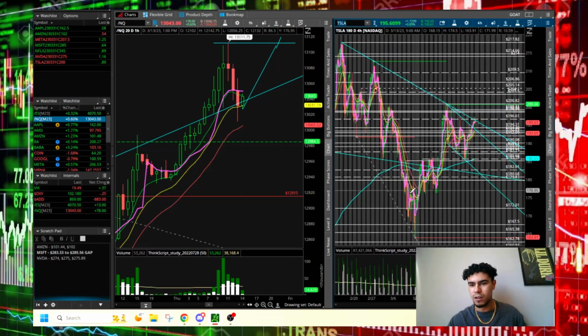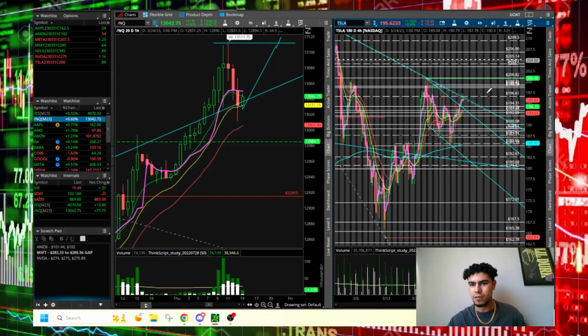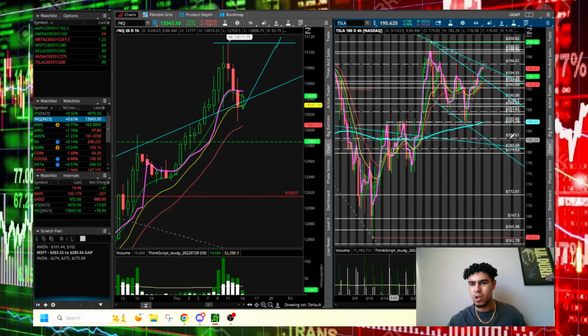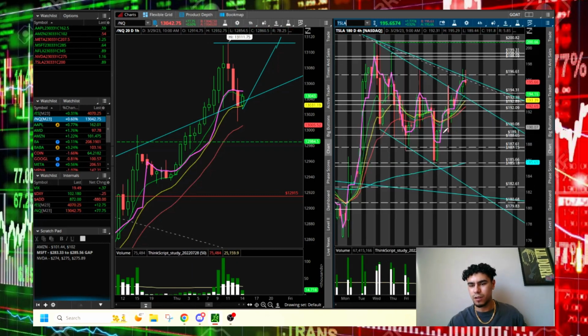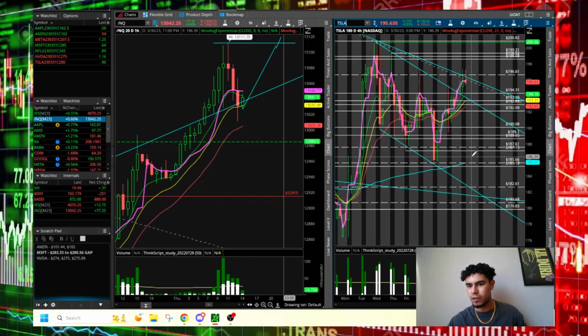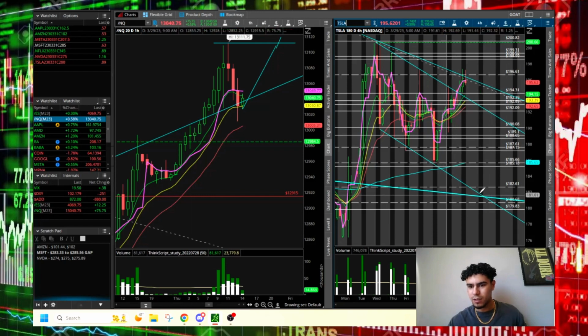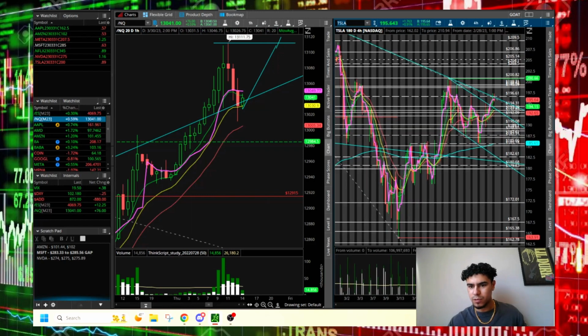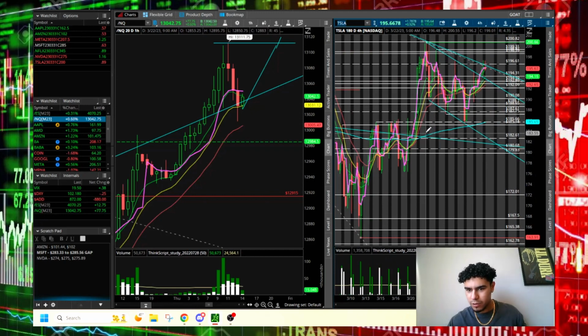So like I have a lot of lines here, but I understand generally what most of these are. Let's say Elon Musk gets arrested overnight and then we open around here. You can play this 185, 186 level, and then just basically look for some areas where you can target. So you can target this 183 level.